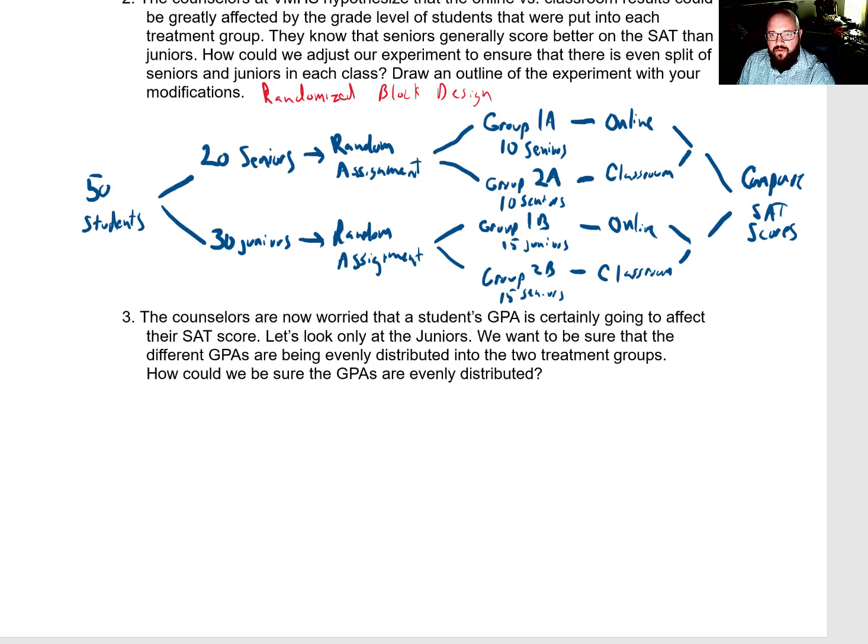Alright, so on number 3 here, we have the counselors are now worried that a student's GPA is certainly going to affect their SAT score. So let's look only at the juniors. We want to be sure that the different GPAs are being evenly distributed into 2 treatment groups. How can we be sure the GPAs are evenly distributed?